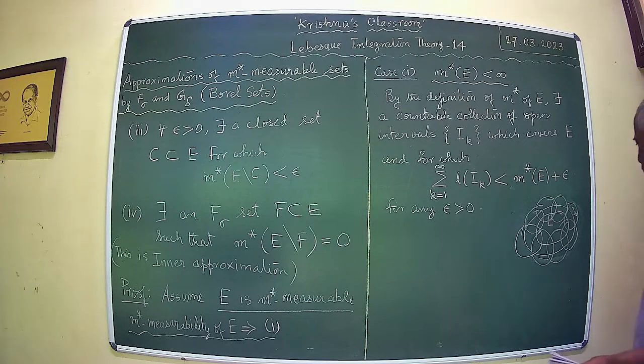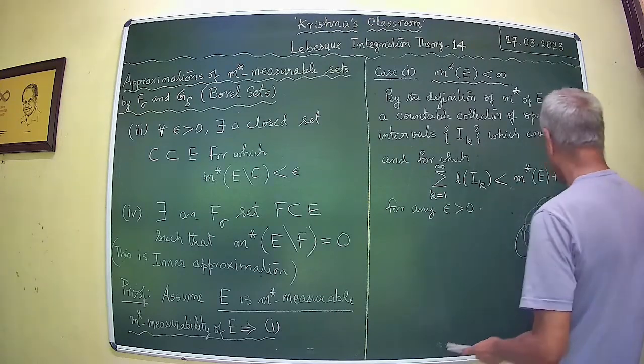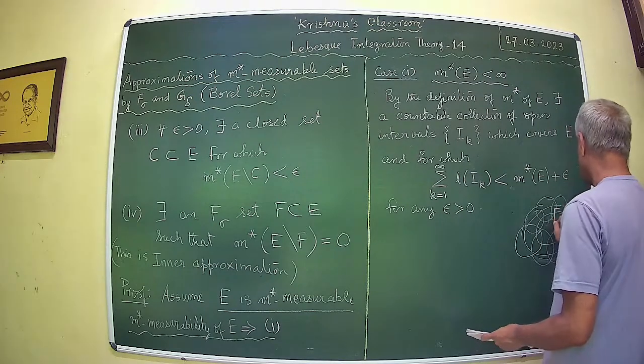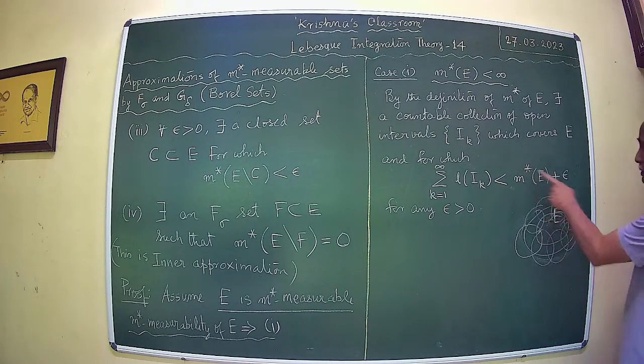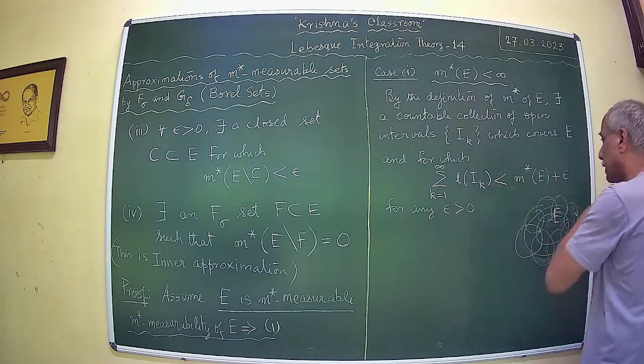From the definition of infimum, it follows that you can choose a collection of open intervals I_k whose total length comes arbitrarily close to M star of E, and using that, you can get this inequality.